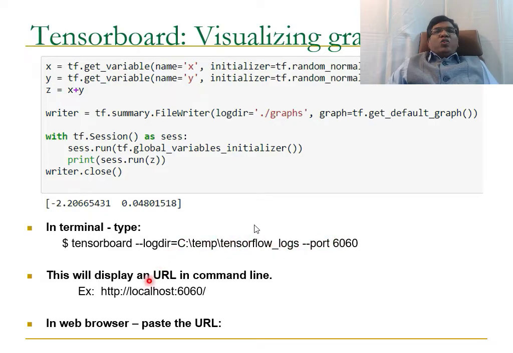It requires two more arguments, the log directory and port, which need to be passed along with the TensorBoard command. This will provide a URL to visualize the graph. Copy this URL from the command line and paste it in the Chrome browser. This can be visualized in the Chrome browser.